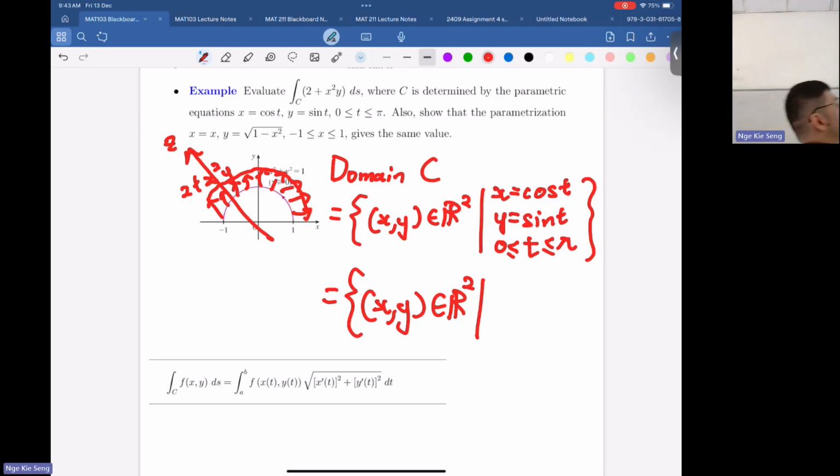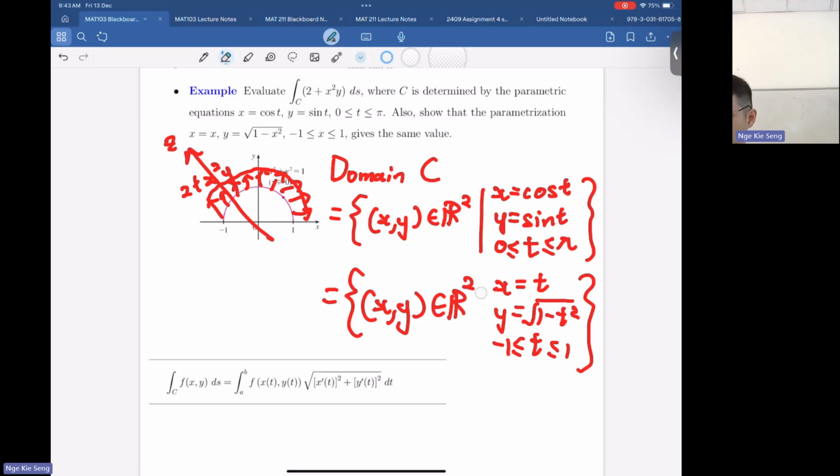You see, here x equals x, y equals square root of 1 minus x squared. To be consistent, you can also make a new variable t here, such that x equals t and y equals square root of 1 minus t squared, with t going between minus 1 and 1. This is how we describe the upper circle.